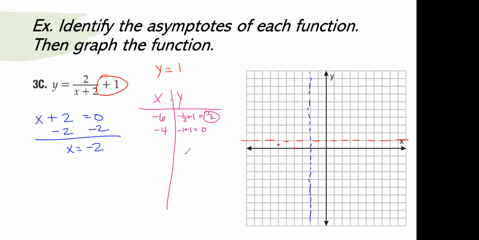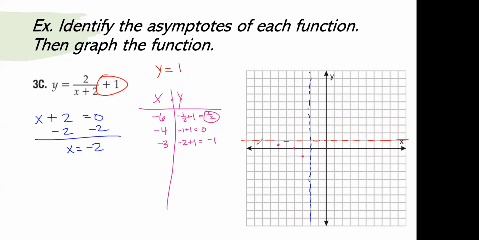And then let's try negative 3 also. So I've got negative 3 plus 2, and that's going to be negative 1. And then 2 divided by negative 1 is negative 2. So negative 2 plus 1 would equal negative 1. So when x is negative 3, y is negative 1.